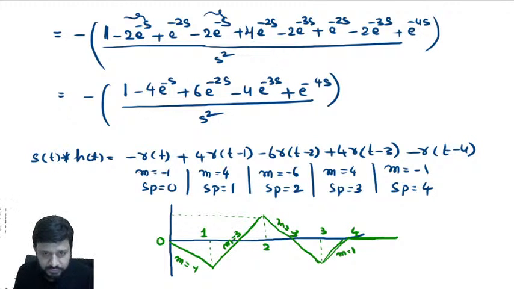Here we know the slope. We can calculate these points also. Here, how to calculate this point? Here slope is minus 1. Here width I know, height I can calculate, it is minus 1. Here also slope is 3.